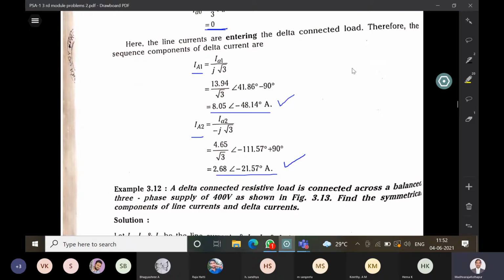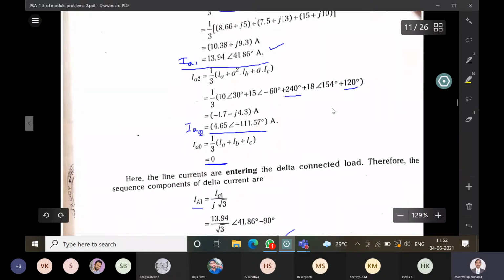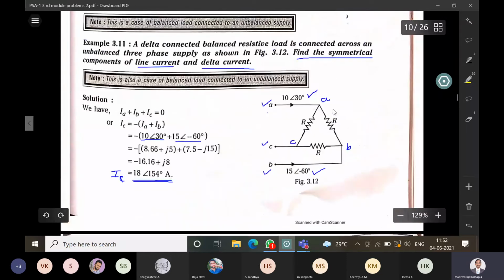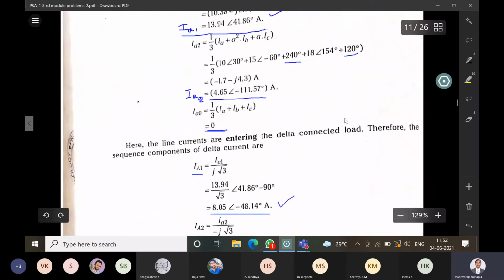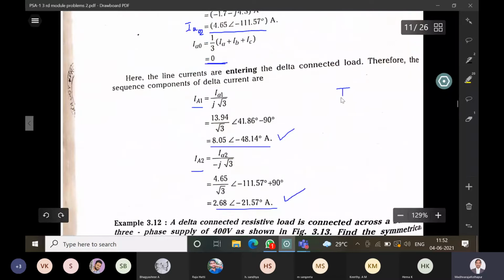Capital IA1 and capital IA2 are the currents entering the delta side, the delta current, and capital IA naught is 0.